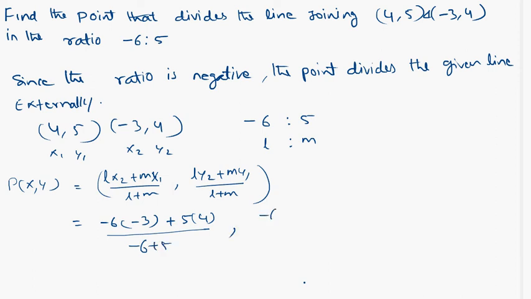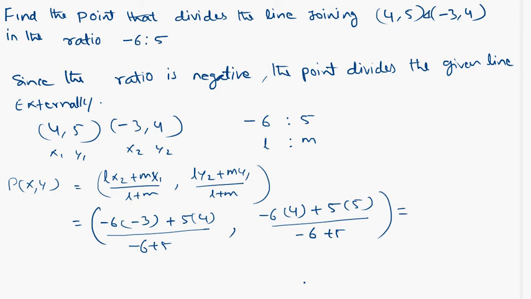Similarly, -6 times y2, which is 4, plus M, 5 times y1, which is 5, divided by -6 plus 5.